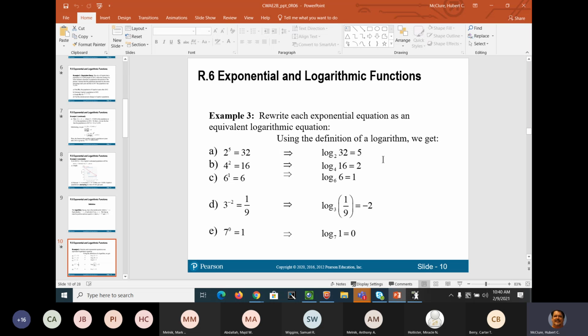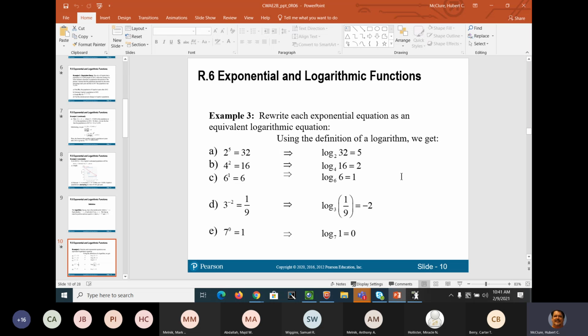There are examples of the definition of a logarithm. Write these examples down so you can understand how the definition of a logarithm works. Here, they are taking an exponent and turning it into a logarithm. So go ahead and write those down. I will write one down on the paper and show you how they're doing it.